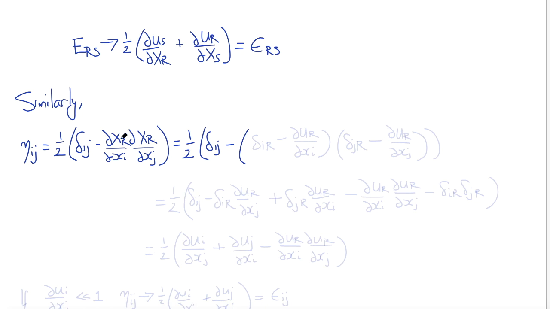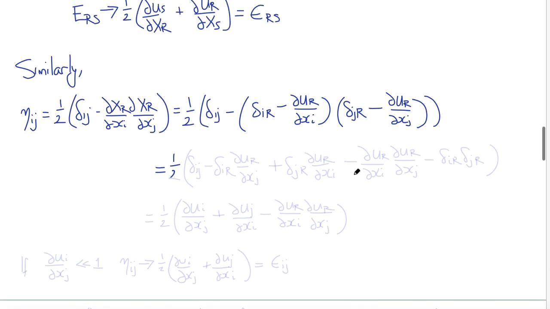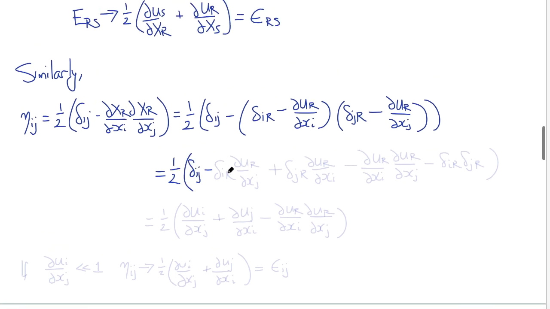These are the inverse of the deformation gradients, and so you can derive easily that they're equivalent to δir minus ∂ur/∂xi, and this term will be δjr minus ∂ur/∂xj.